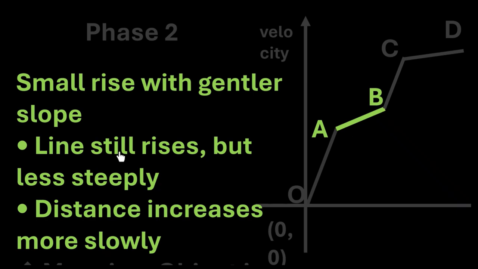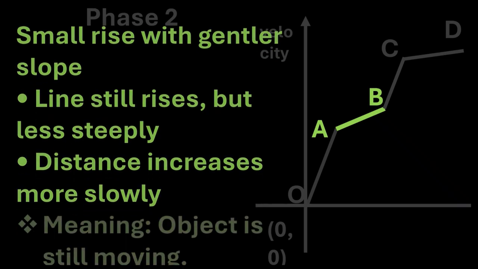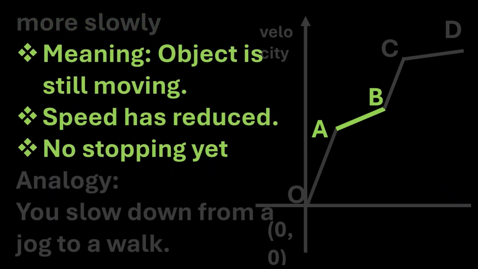So since it is still rising, the distance is definitely increasing. But since it is less steep, the rate of increase is slow. And what would this mean? This means that the object is still moving, the speed has reduced, and there is no stopping yet.